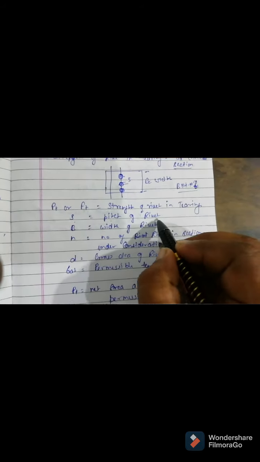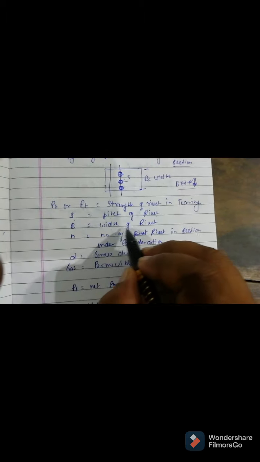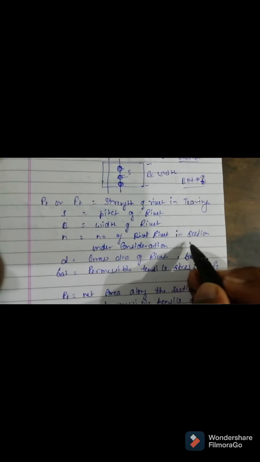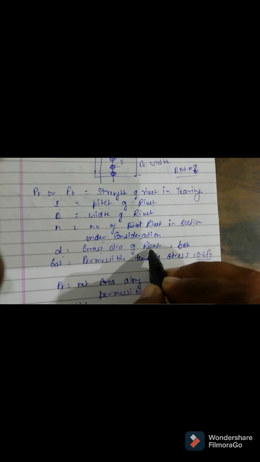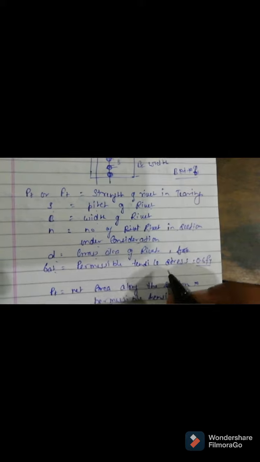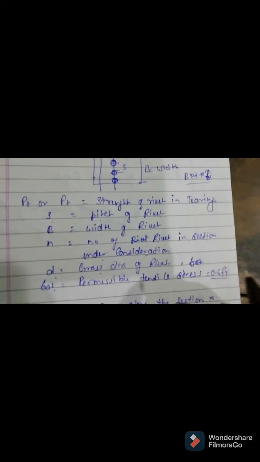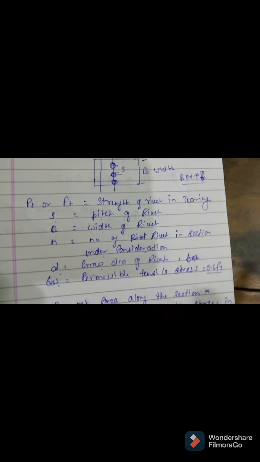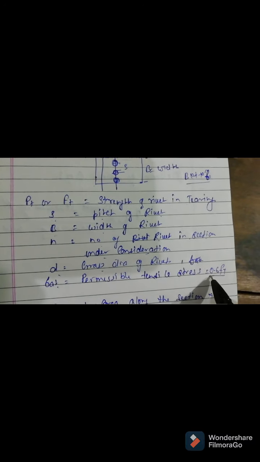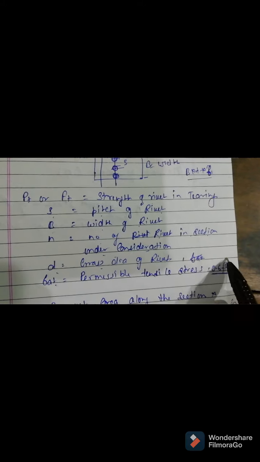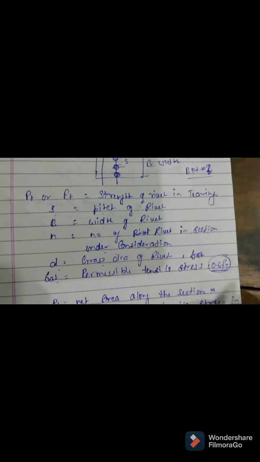S is the pitch of the rivet, B is the width of the plate, N is the number of rivets in the section under consideration, D is the gross diameter of the rivet, and sigma AT is the permissible tensile stress, which is taken as 0.6 Fy.